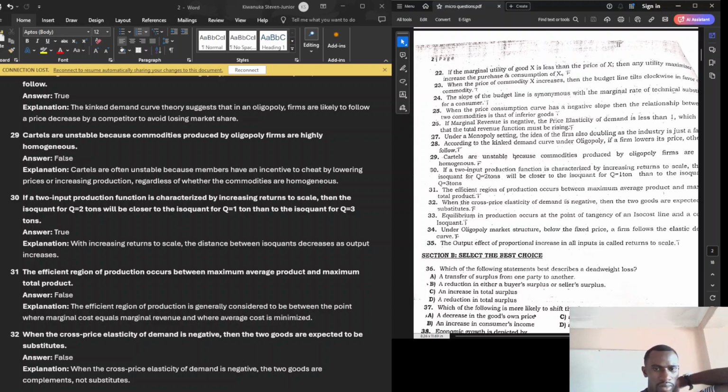You see that is false. Why? Because for substitutes, it is positive; when it is negative, that is complement. So when cross price elasticity of demand is negative, the two goods are complements, not substitutes.